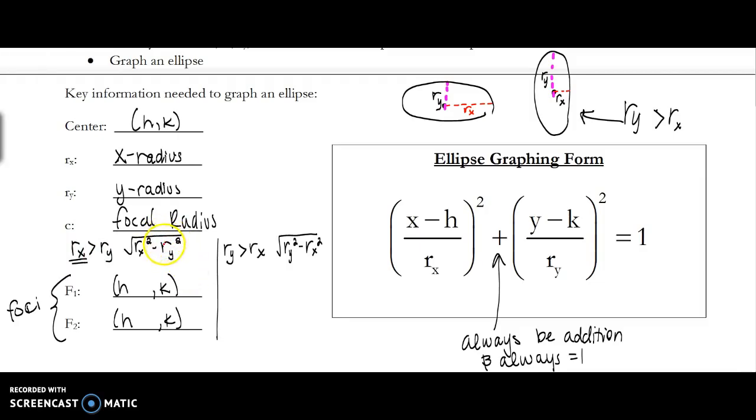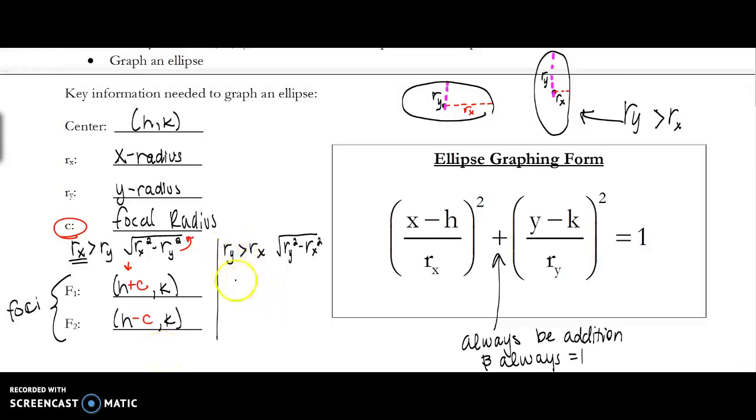We found our focal radius by doing this square root, x radius squared minus y radius squared. If your x radius is bigger, we're going to change our x value. We're going to take our starting value, h, and add c to one, and then subtract c to the other.